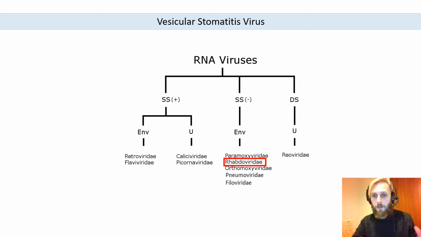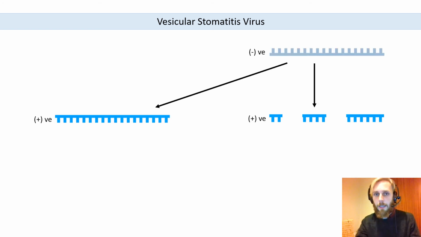Next, we have another example, which is vesicular stomatitis virus. This virus is also a virus with a single-stranded negative sense RNA genome. However, it's a member of the Rhabdoviridae family. You'll see the process is the same, essentially. It's just another example. We have a negative sense single-stranded RNA genome that is being expressed in these short subgenomic fragments, and this is genome expression.